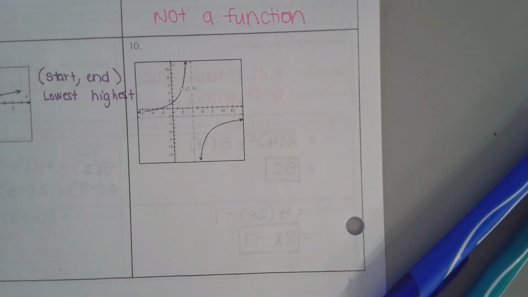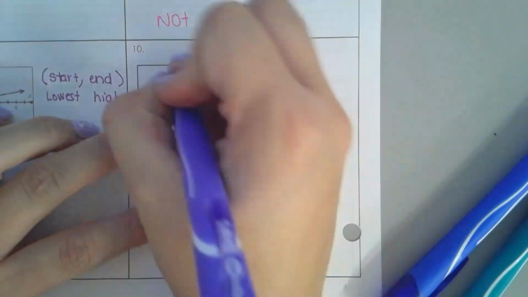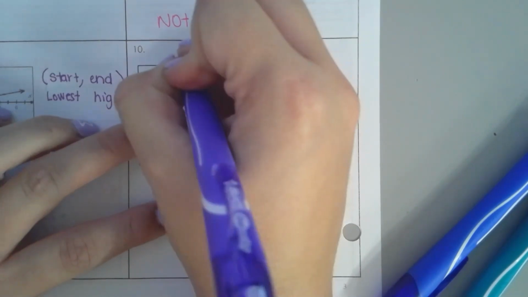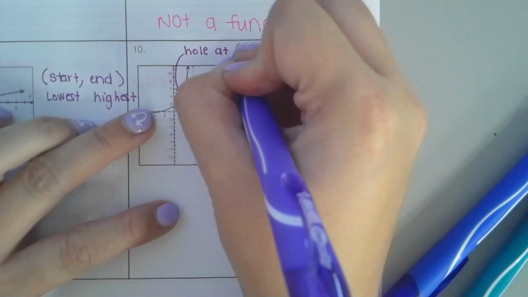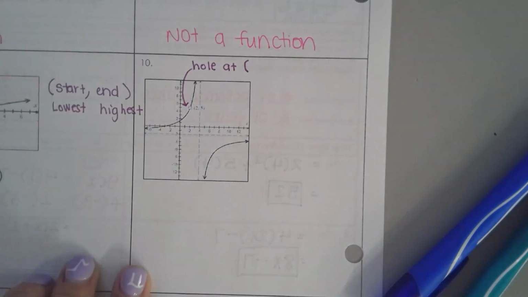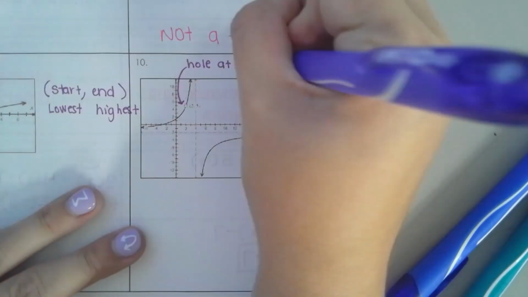Yes. Alright. Right here is a hole. At what point? What's that coordinate? 2, 5.